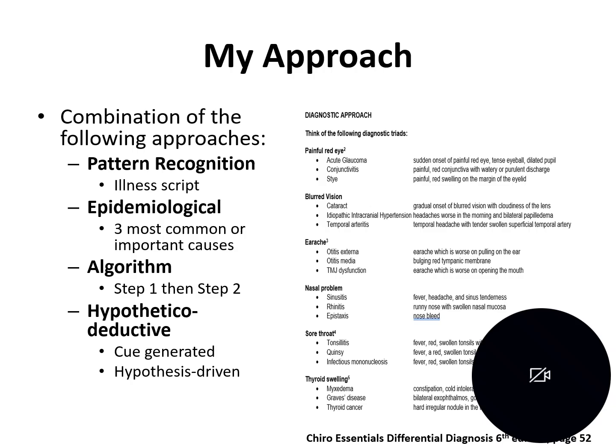Now, my approach for the rest of the symptom-based topics is a combination of the 4 diagnostic approaches we have talked about. We talked about pattern recognition. I'm going to use the concept of an illness script, and I gave you an example of what an illness script is.